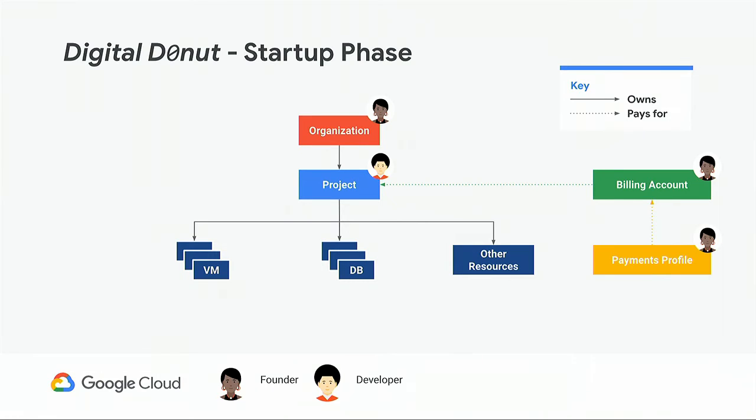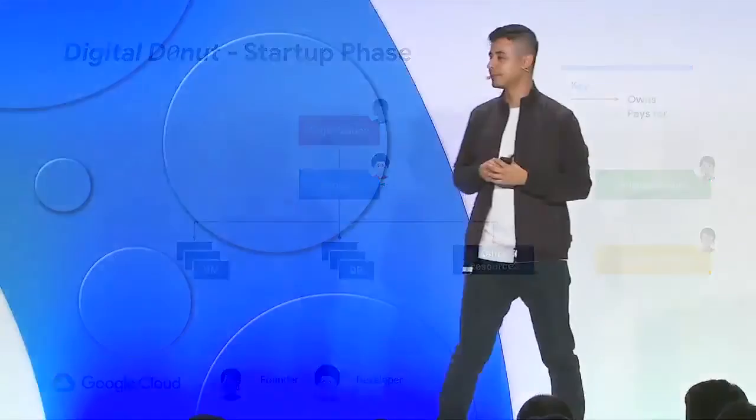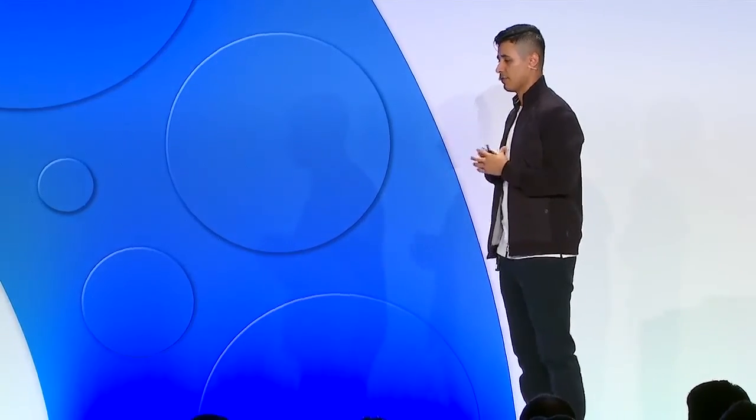Now the founder ends up becoming the organizational admin, as well as the billing account admin and payments profile admin. The founder really wanted to let the developer focus on what they do best, and that's developing the application for Digital Donut. So as you can see, the developer becomes the project administrator/owner. And this developer is focused on building the chocolate application for Digital Donut.